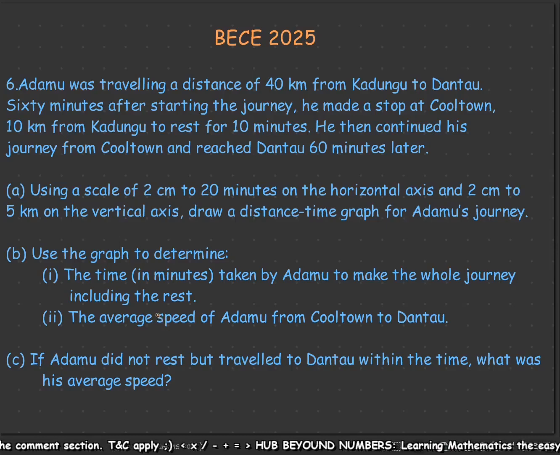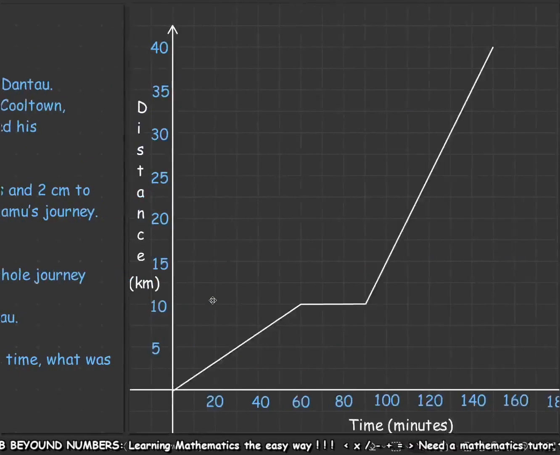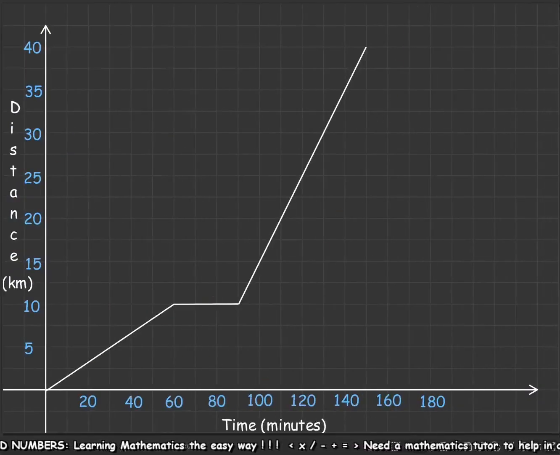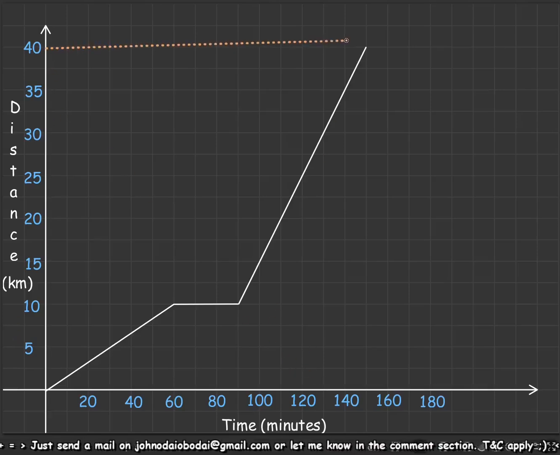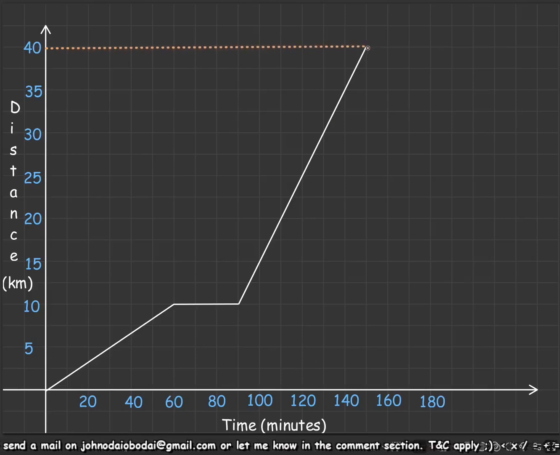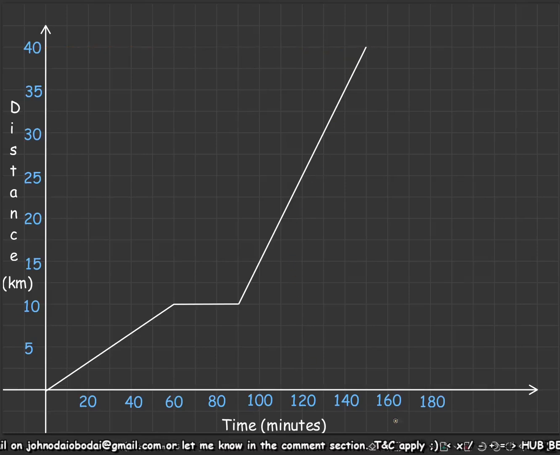So looking at the questions that follow, it says use the graph to determine (i) the time in minutes taken by Adamu to make the whole travel, including the rest, the total time. Now, if we come to our graph here, you take note of the final destination here. So if I trace that out, you can see our final destination here. That is in terms of the distance.